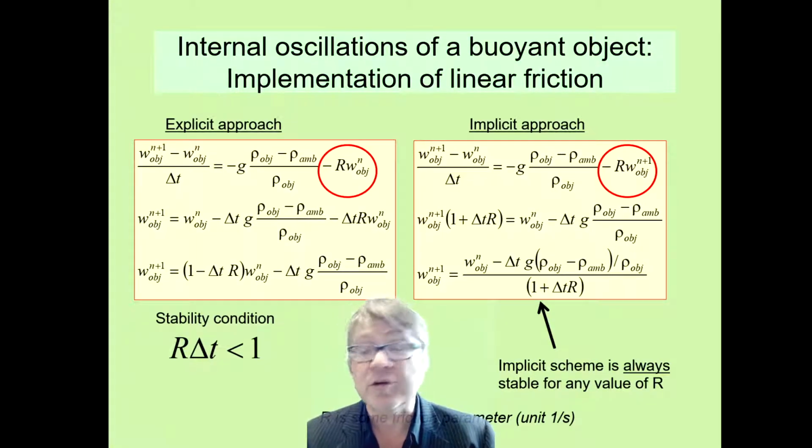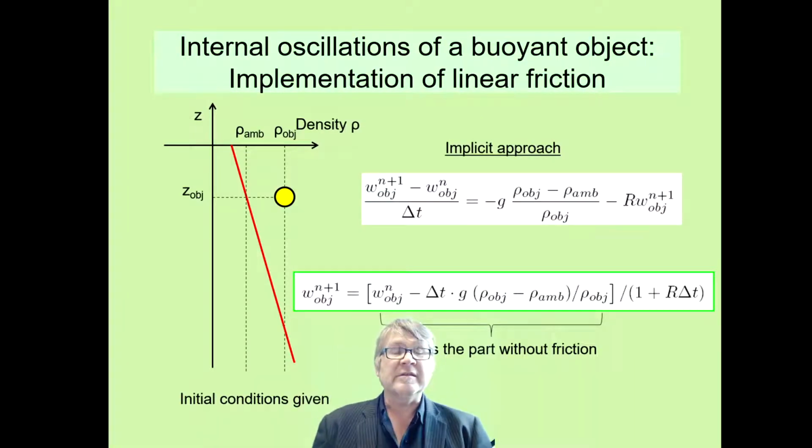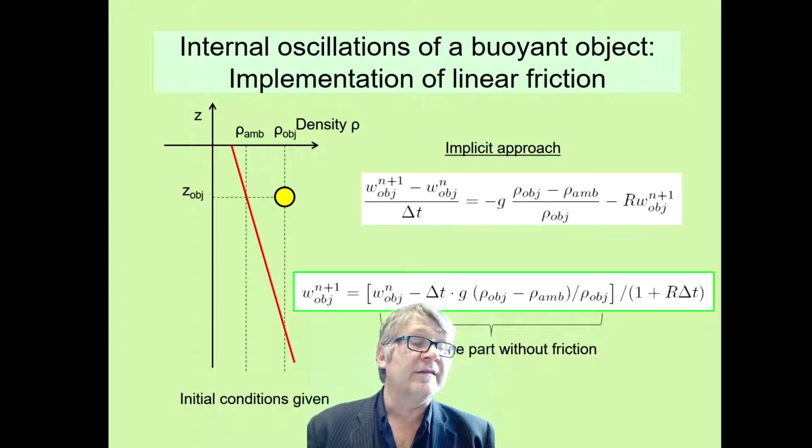Just before I show you how the simulation changes, this is how you formulate it in your Fortran script. The only thing changed is that where the predictor is for the vertical velocity, you divide the entire right-hand side by 1 plus r times delta t.